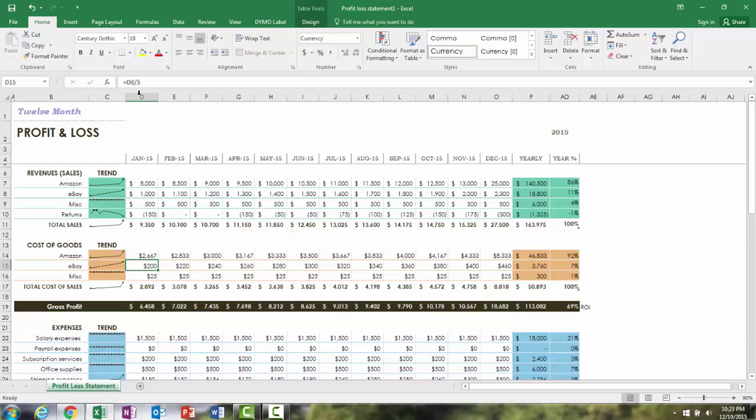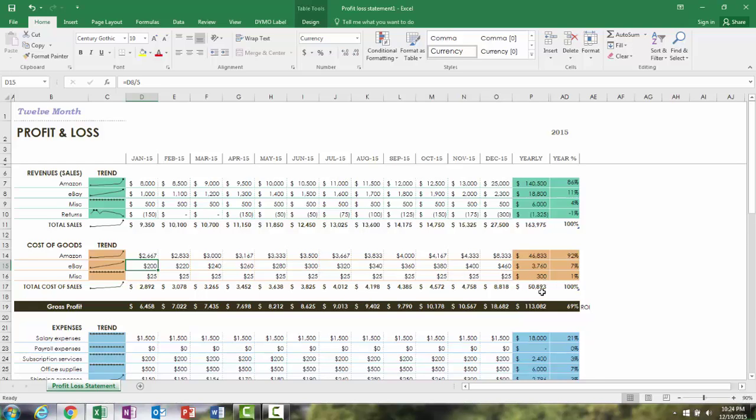On eBay, I did the same thing. You can see up here, I just did a formula. Everything we sold on eBay, we sold for 5 times what we bought it for. I know it's not going to happen every single time, but just for generic purposes, that's what we did. And your miscellaneous income, $25, because I don't know what you're doing, but that just puts a cost in there for us.